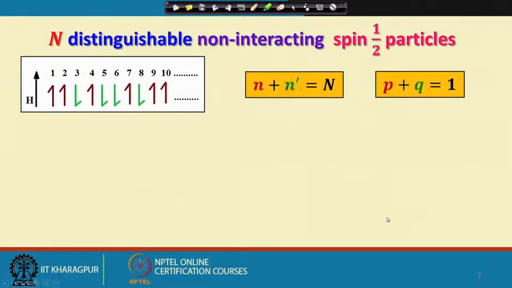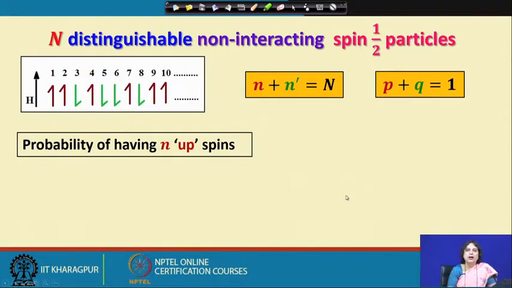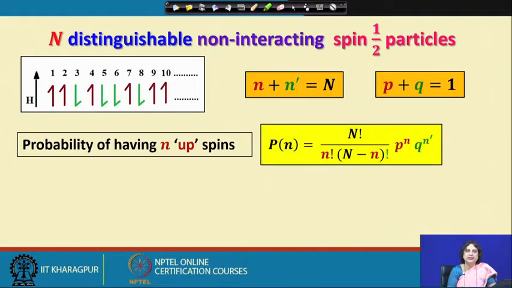Then, for a system like this, I can very easily say what the probability is of having small n up spins. This is given in terms of this distribution function P n. As you see, P n has two parts.